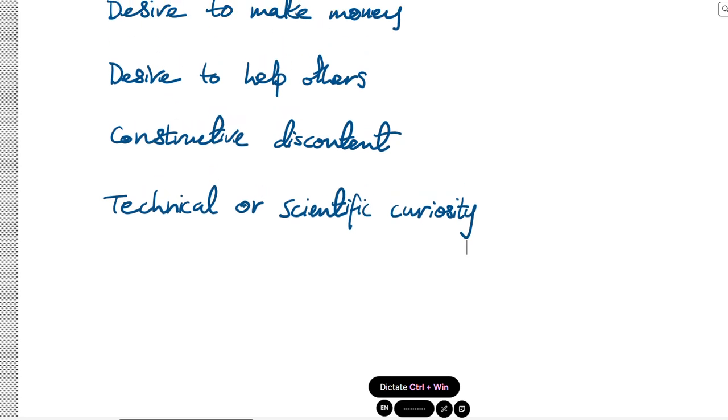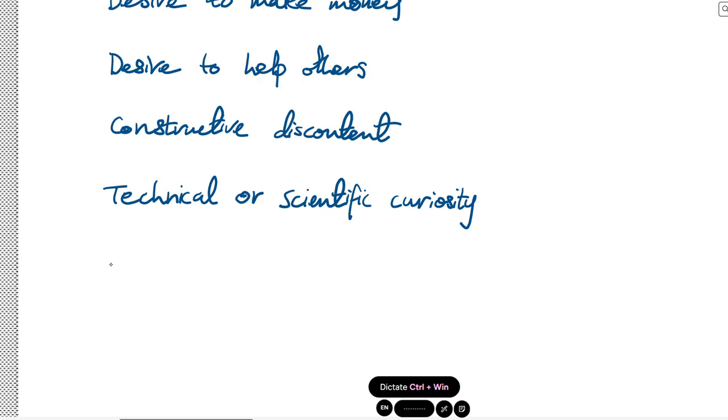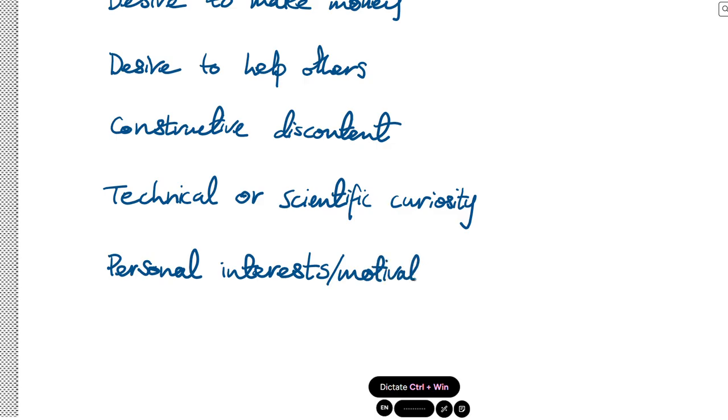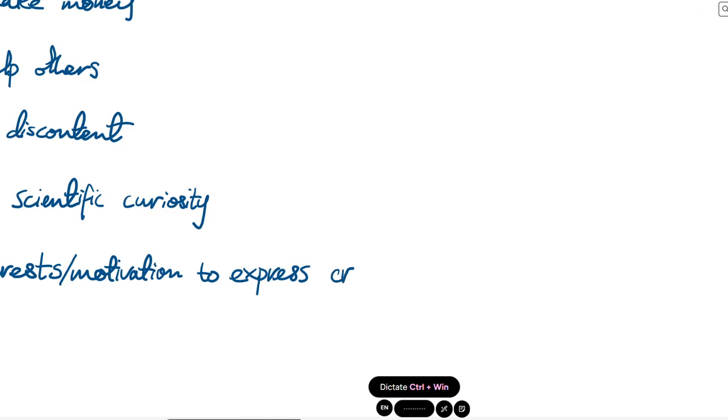Okay, so those are the main ones, and then you obviously have personal interest, and that sort of combines with personal interests or motivations to express creativity. So in the syllabus, these are the main ones.